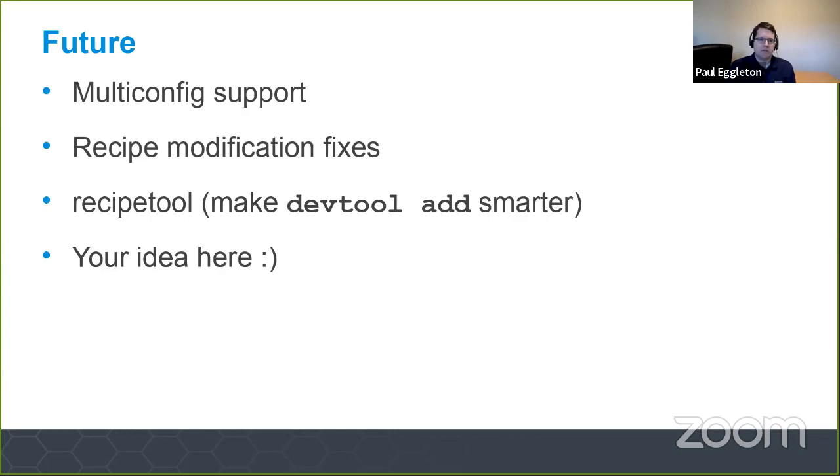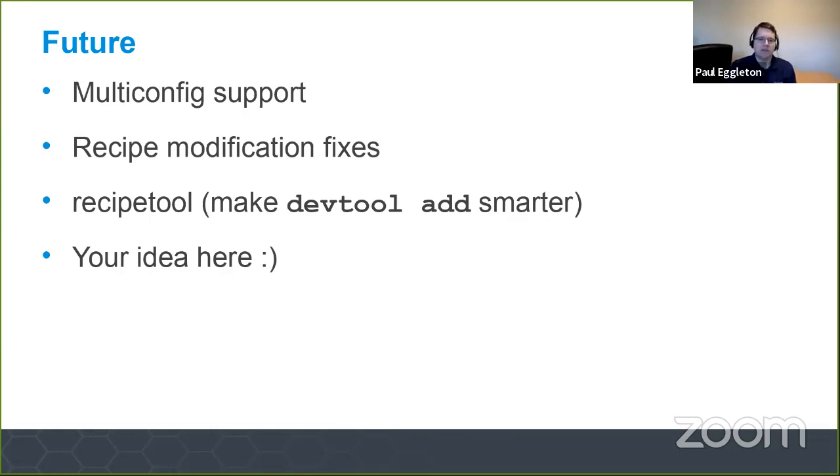I mean, it does try to parse the recipe and then insert or update values in the appropriate locations. But sometimes, with the wild nature of some of our metadata, it can do the wrong thing at times. So we can definitely make that logic a bit smarter. That's something I would definitely like to see us do.